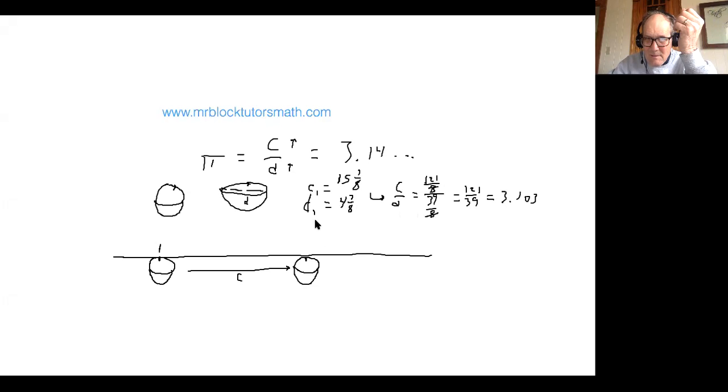We did that again, circumference 2 and diameter 2. But these we changed to decimals, so we had 19.375 for the circumference, how far it rolled along the line, and we had 6.25 for the diameter.